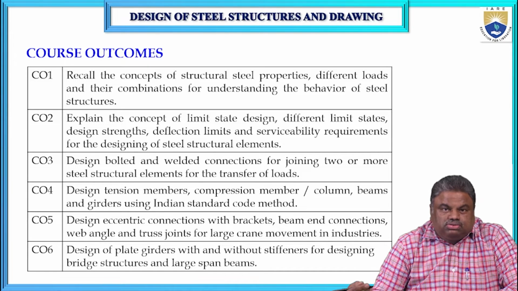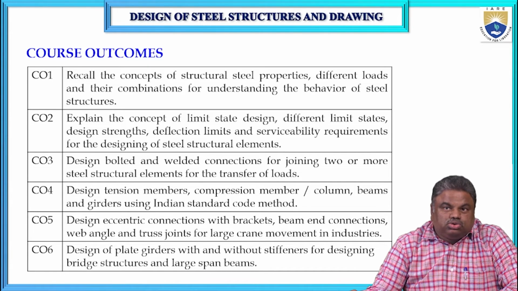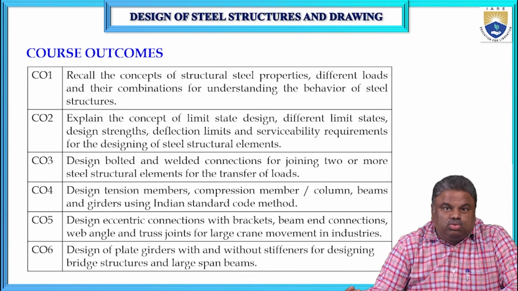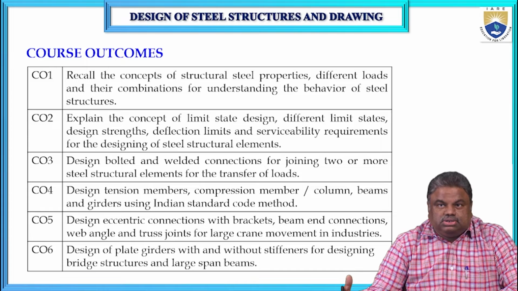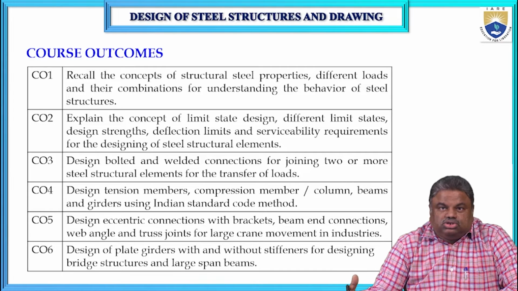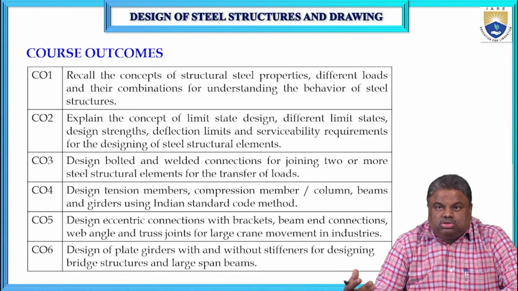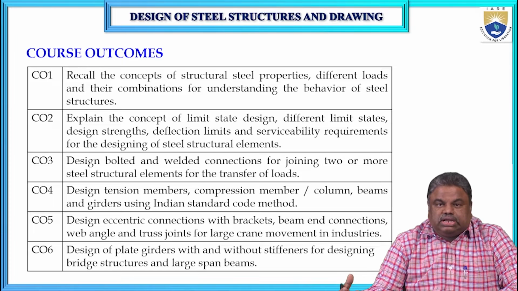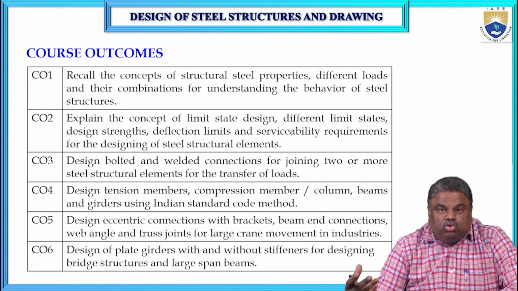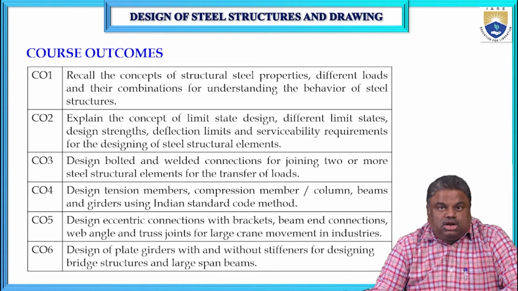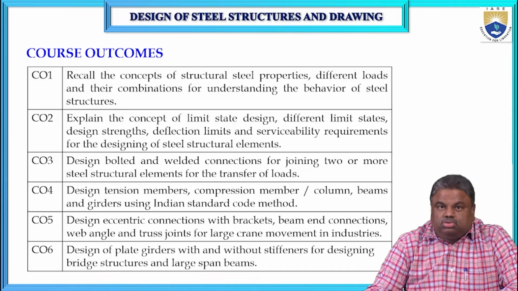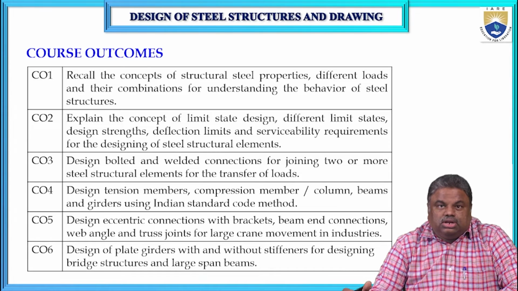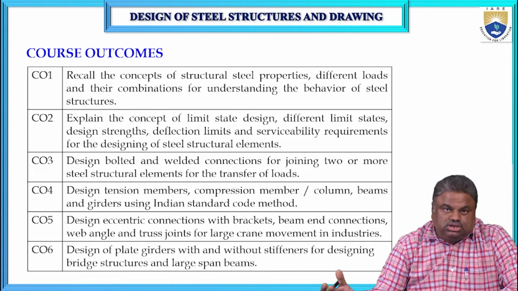You might have already studied in strength of materials what steel and mild steel are, what the stress-strain curve is, and what the different properties of steel are. You have to recall all those things and understand what the different loads acting on the structure are and what their combinations are. You should be able to understand this while completing the first CO.